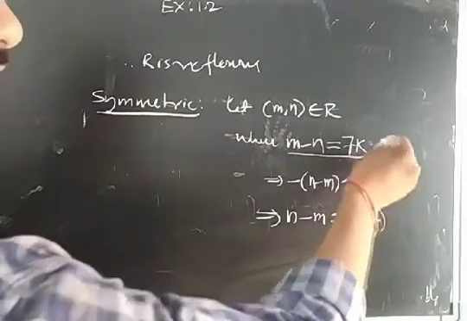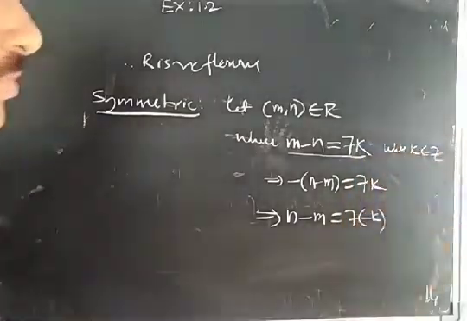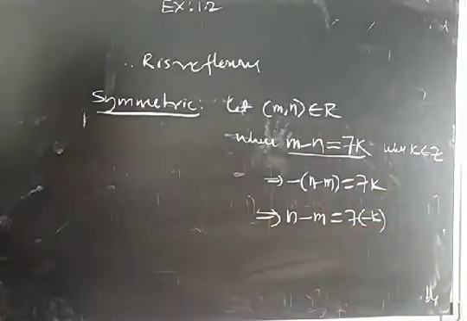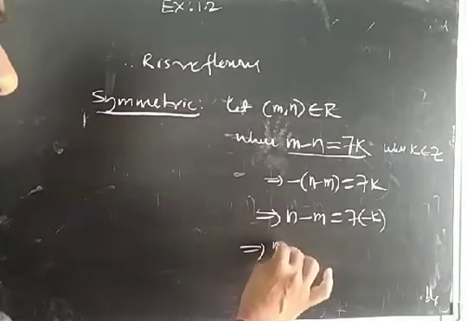This is some integer, where k is some integer. If k is an integer, minus k is also an integer. See here, n minus m is a 7 multiple. So n minus m being a 7 multiple means n minus m is divisible by 7.